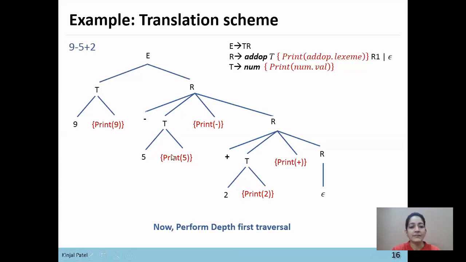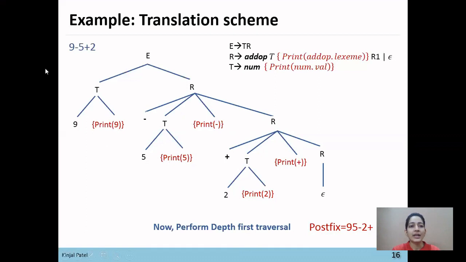So 9, 5. Then minus gets printed. So 9, 5, minus. Then scan from left to right. So 2 gets printed. So 9, 5, minus, 2. And then plus gets printed. So 9, 5, minus, 2, plus. So here is the postfix notation for this infix notation, 9 5 minus 2 plus.